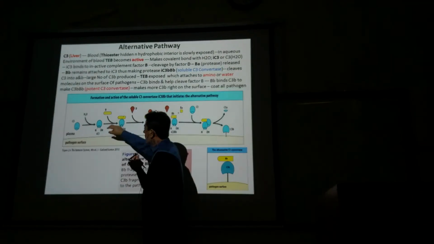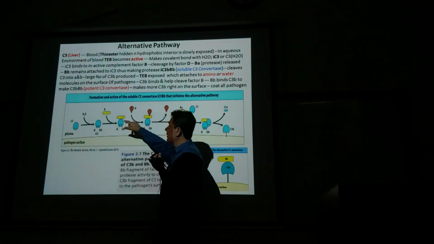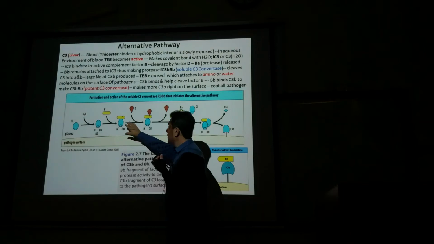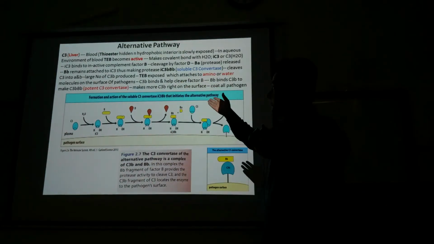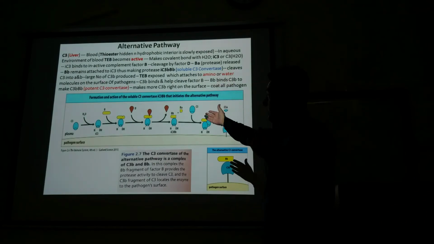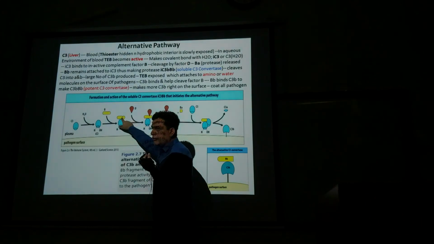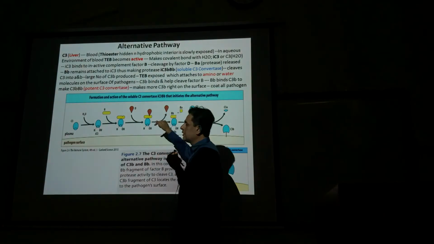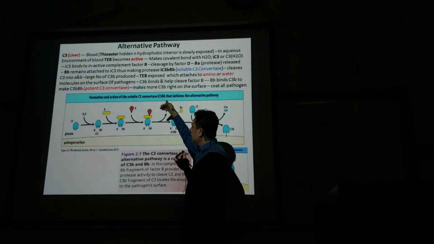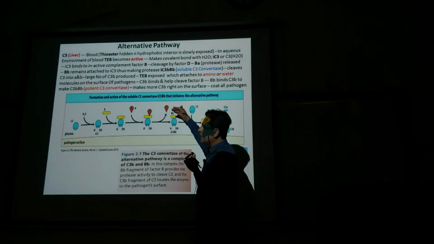When factor B binds with iC3, it undergoes a conformational change as indicated by this groove here. And this conformational change actually is an invitation for another complement factor, which is D. And this D would recognize this conformational change and come here and bind to this particular spot and cleave the factor B into two pieces, a smaller piece and a bigger piece.